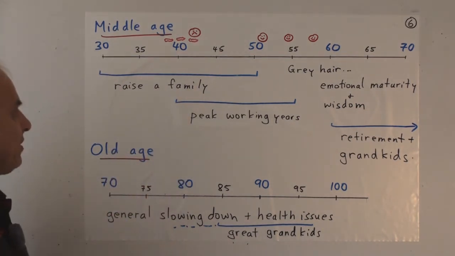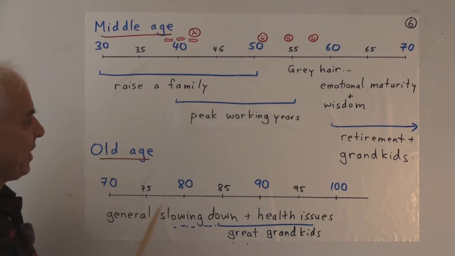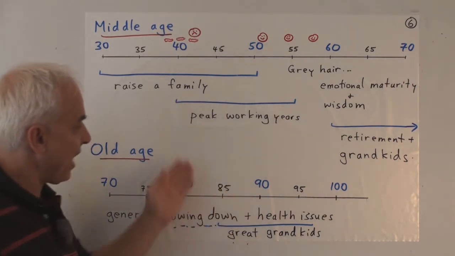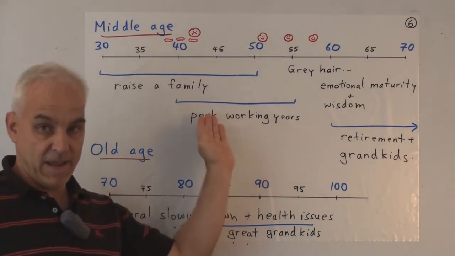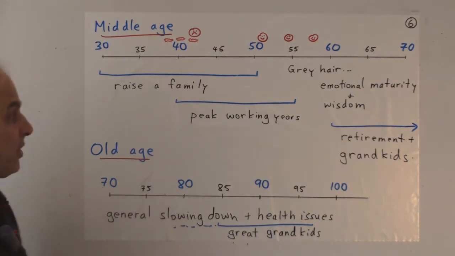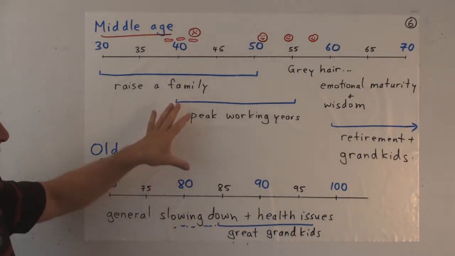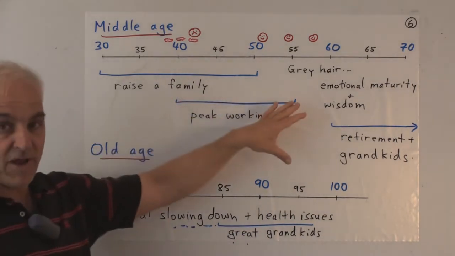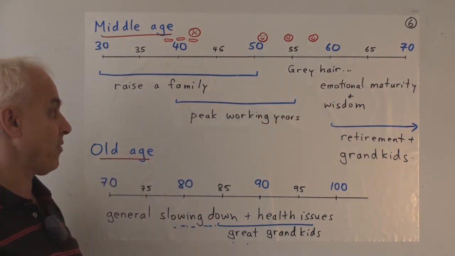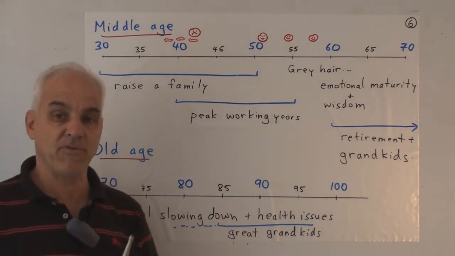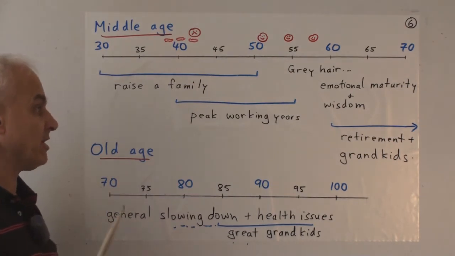They're married often, they're raising a family, and they're working. So these are the working years, especially around 40 to 55, peak working years. They're often making their most money during this period. They are at the top of their profession, and they have earned a lot of respect, perhaps, and maybe some power and some influence.